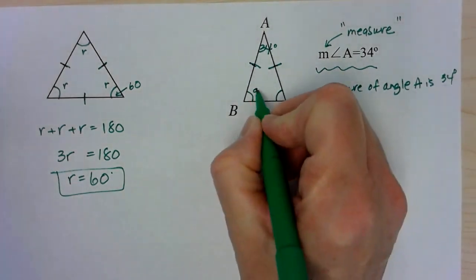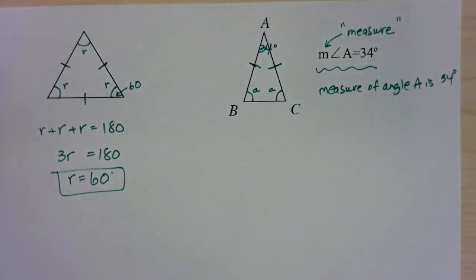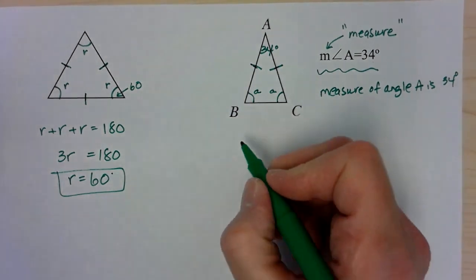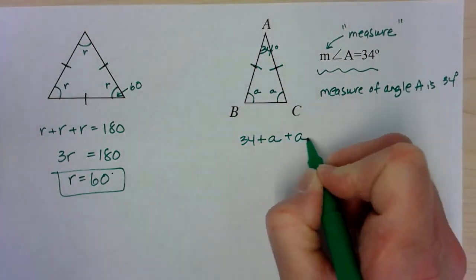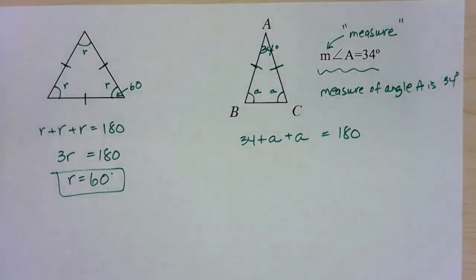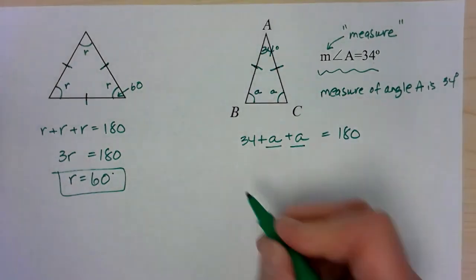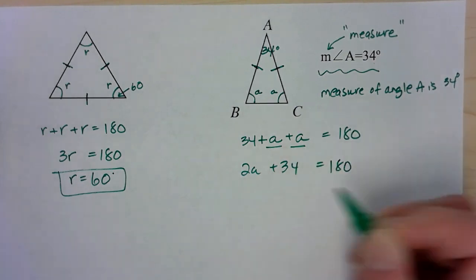I guess I'll just make up a variable. I'll use the letter A. I'm going to take all three angles and add them up now. 34 degrees plus A plus A equals 180. Combine like terms. 2A plus 34 equals 180.